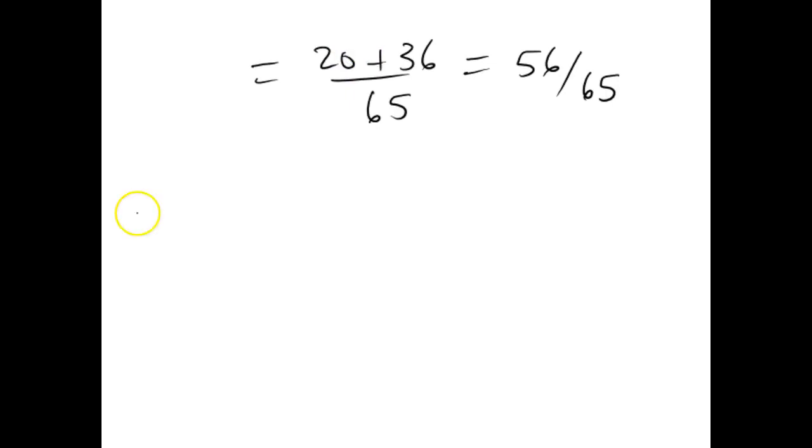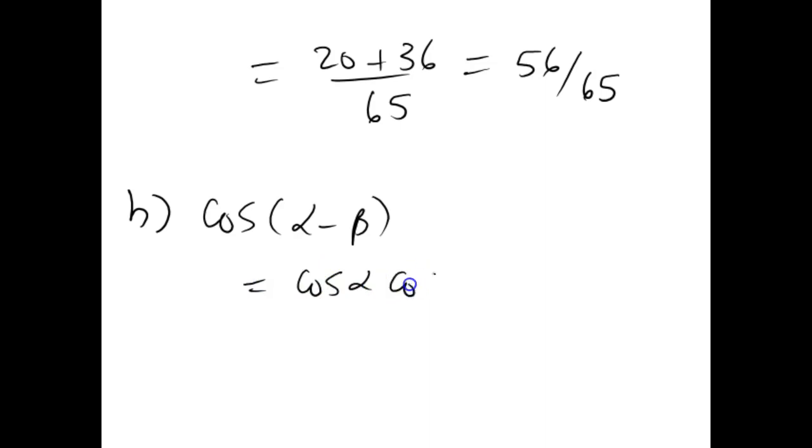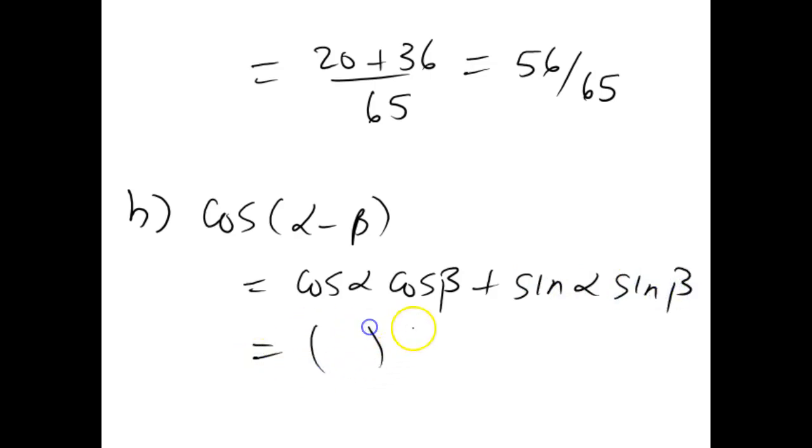Now let's move on to B, where it's asked for cosine alpha minus beta, which is the same as saying cos alpha cos beta plus sine alpha sine beta. Just like before, we're going to try to find the exact values using our appropriate triangles.